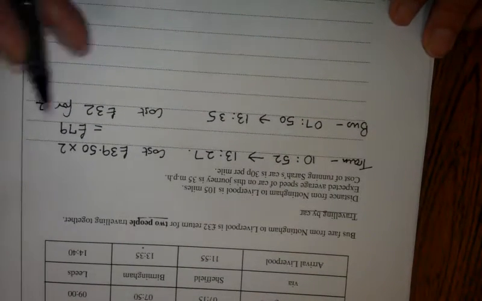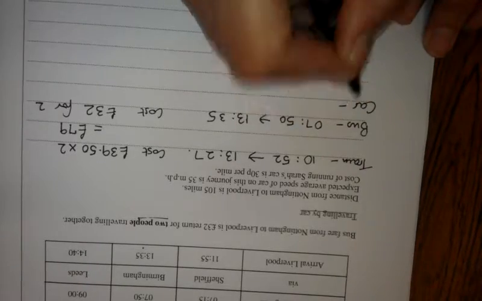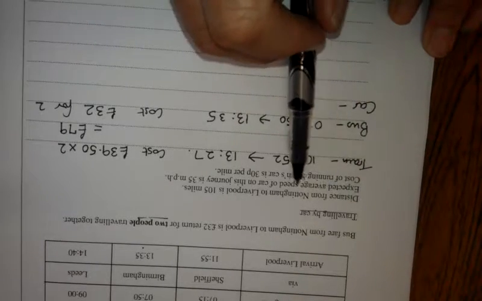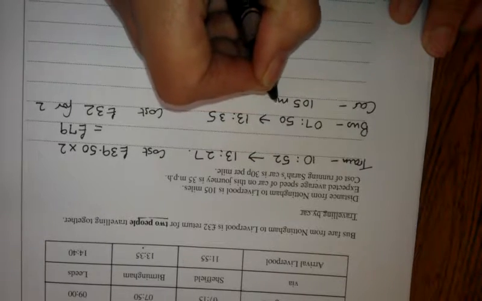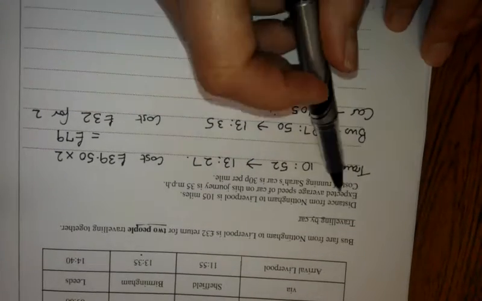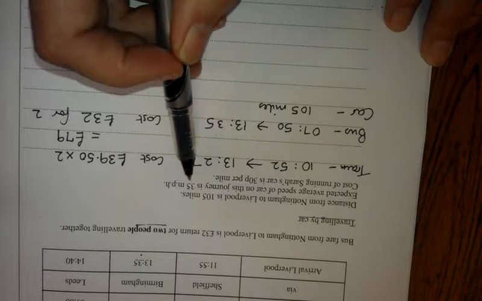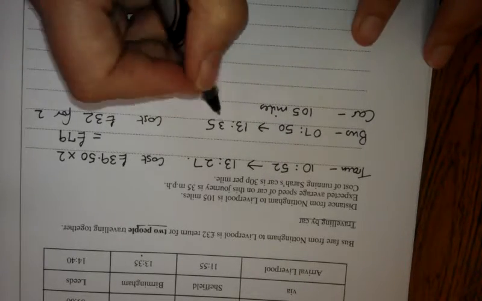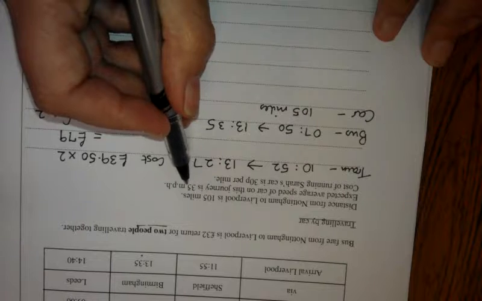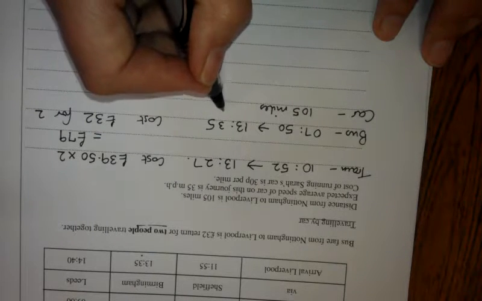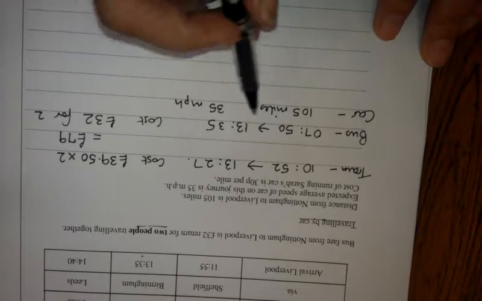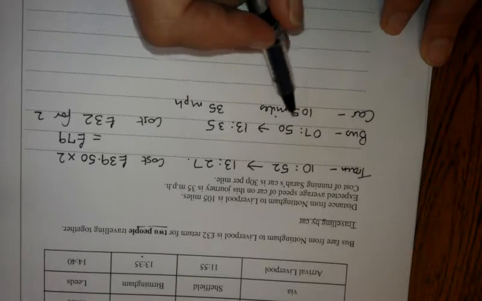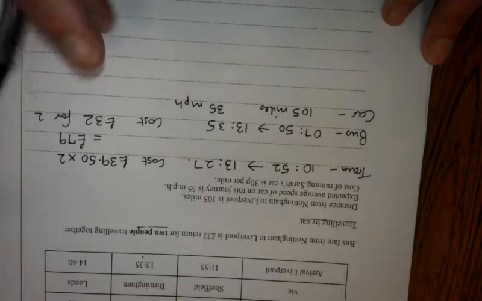Okay, now we're going to look at the car costs. If we travel by car, the distance is 105 miles. So we've got 105 miles to travel. Someone's got to drive. And the expected average speed of the car is 35 miles per hour. That means every hour they're going to travel 35 miles. Now, if I've got to travel 105 miles, again on a non-calculator paper, they'll make it nice and easy.